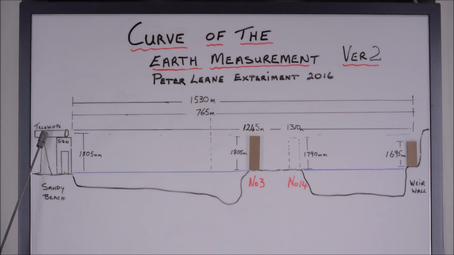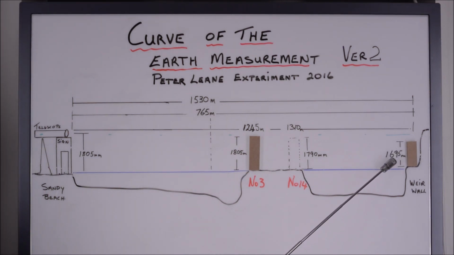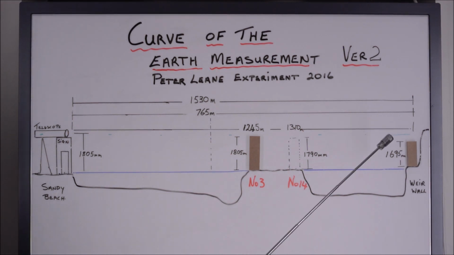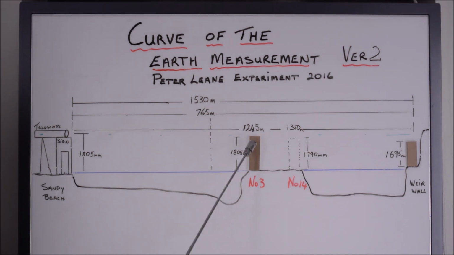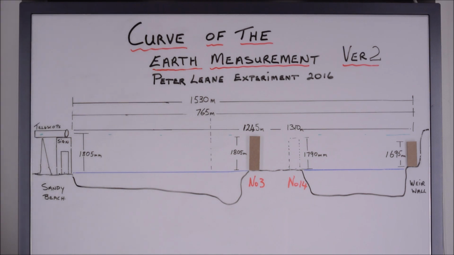Our sign at the telescope is now at 1805, matching the centre pillar. And the rear wall is in fact 1695 millimetres off the water, which is 110 millimetres short of these two heights here, which is excellent because it gives us this variation that we can go up and down with.